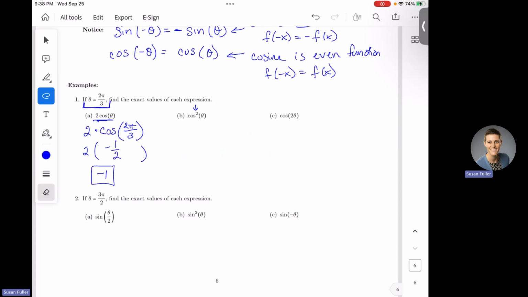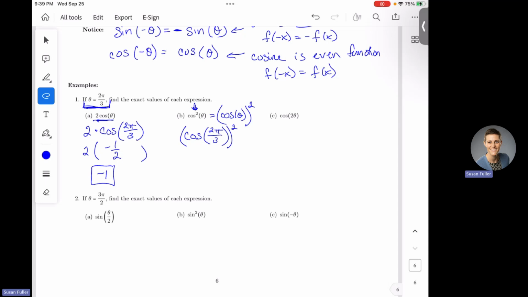And so if I just put the exponent at the end, there could be some confusion about what that means. So basically what old guys a long time ago decided to start doing to clear that confusion was they started putting the exponent here to say that I am squaring the entire cosine function. What this means is it's the cosine of theta, and then take that whole thing and square it. So when I plug in theta equals 2 pi over 3, this is really telling me to find the cosine value of 2 pi over 3 and then square it, multiply it by itself.